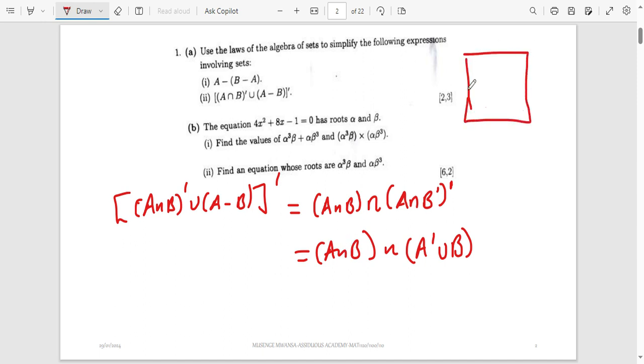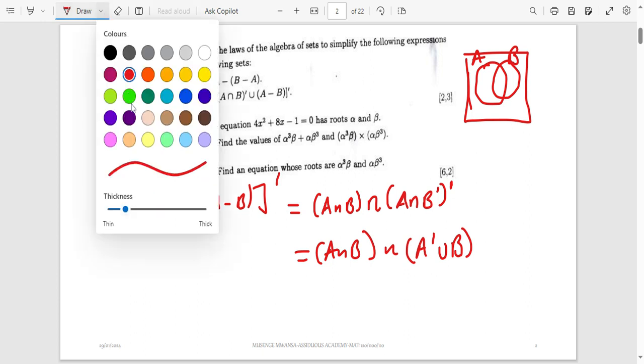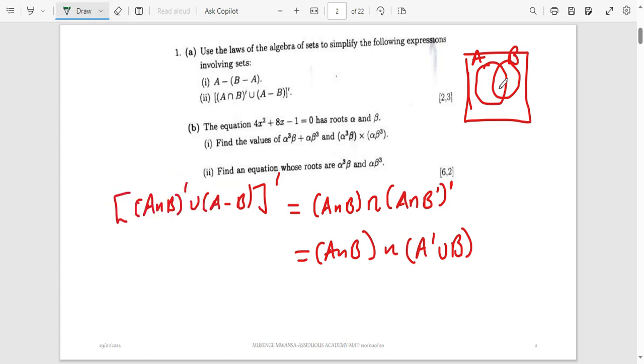So I can just make a shading of the diagram. Set A, set B. If we start with A intersection B, let me use another color. A intersection B, I can put it in green there.